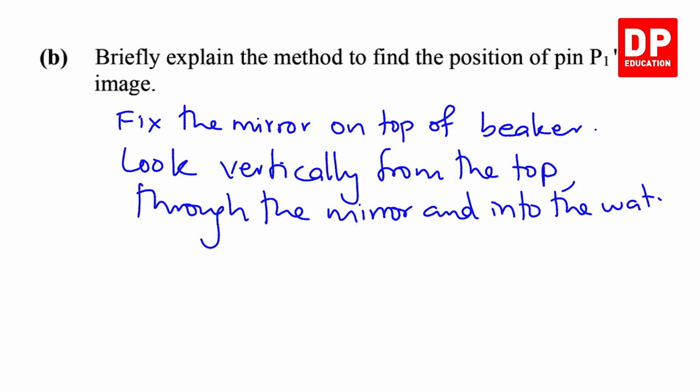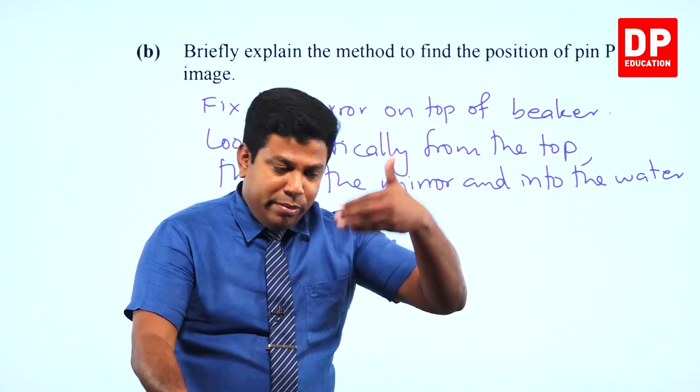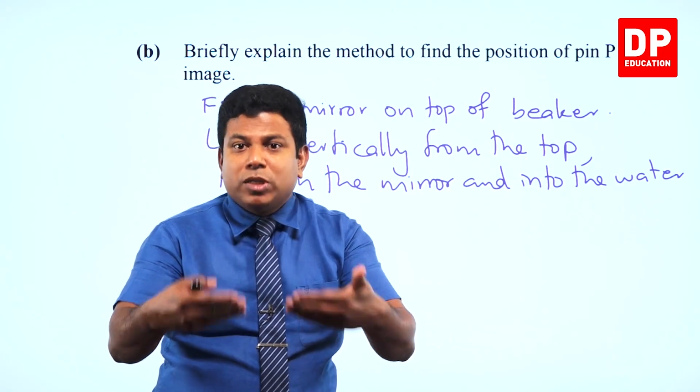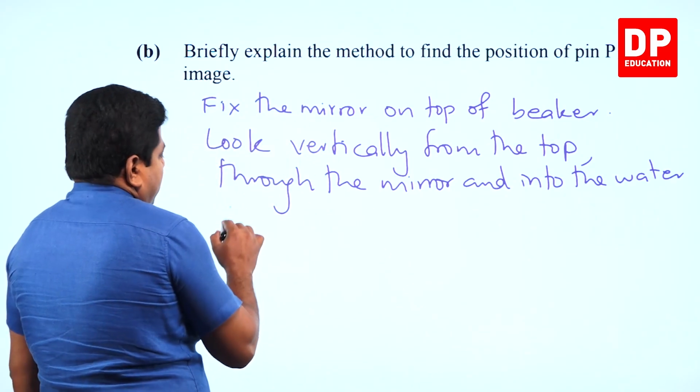You have to do that simultaneously. While you are looking into the mirror, at the same time you have to look into the water as well. So the image in the mirror, the image in water, you must be able to see both. Simultaneously you are doing this.